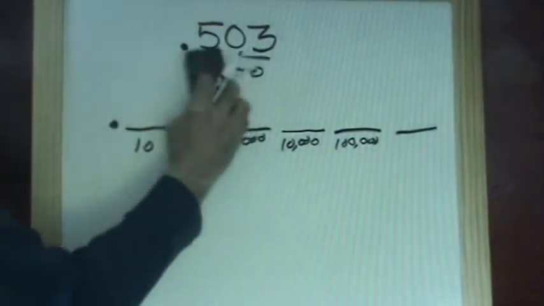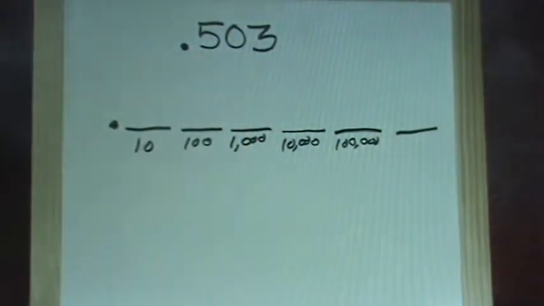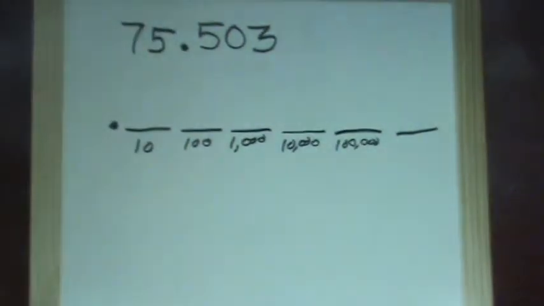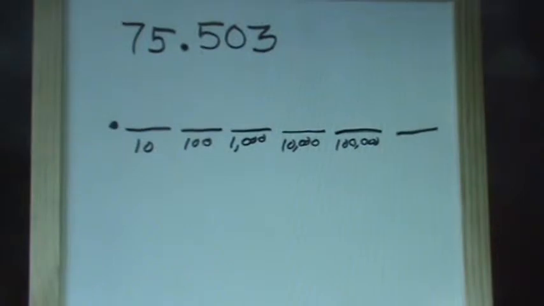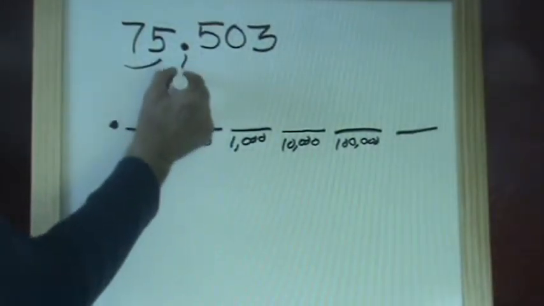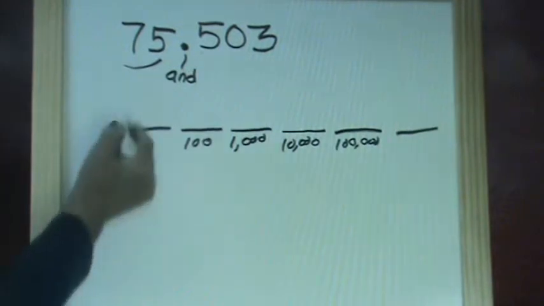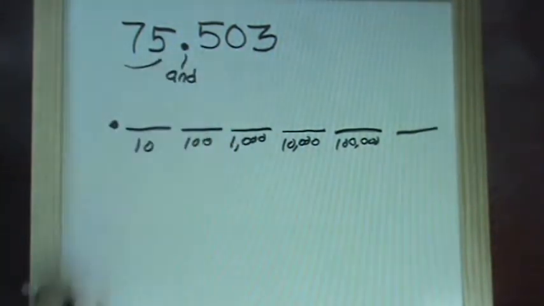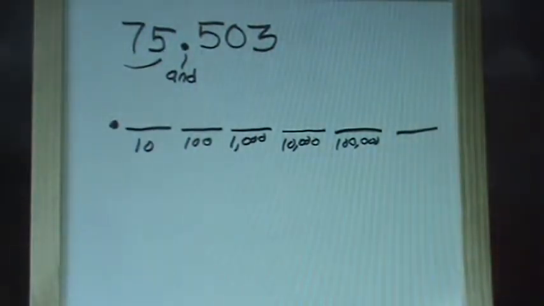We also reviewed the fact that if we had a mixed decimal, in other words, a whole number on the left of the decimal point, we read the whole number, 75. The decimal point becomes "and": 75 and 503 thousandths. So that's just a quick review on reading decimals. Now we'll take a look at how to write decimals.